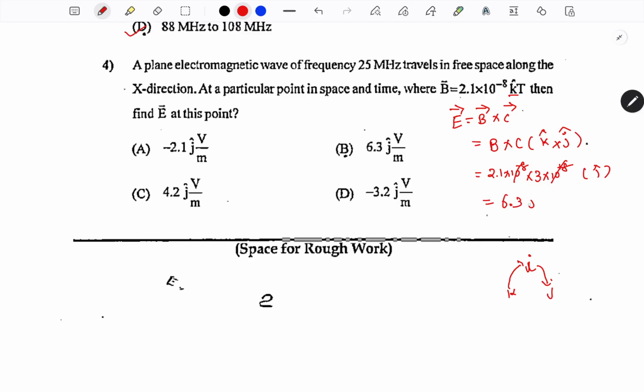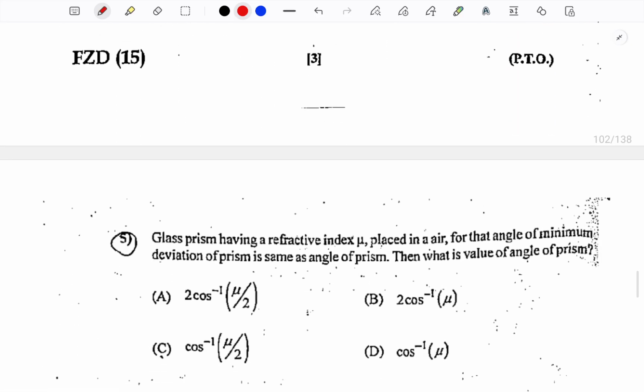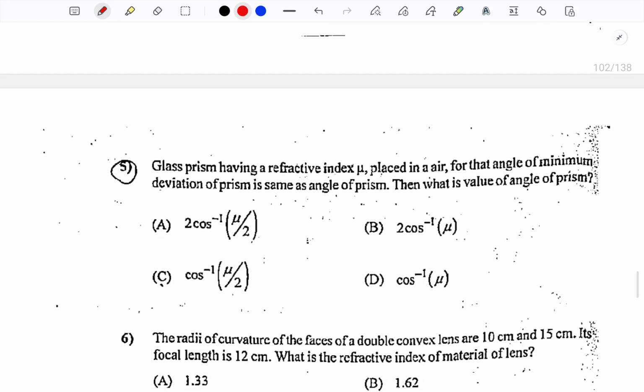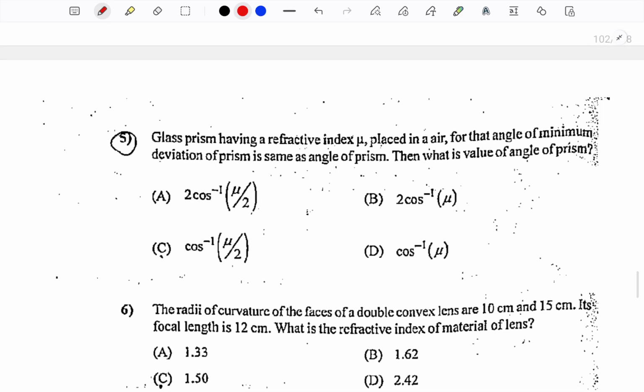So 6.3 j cap volt per meter, option B. And here the frequency of 25 megahertz is given, but we know that the speed of light is obviously c equal to f lambda, and the speed of an electromagnetic wave is constant, which is equal to c.